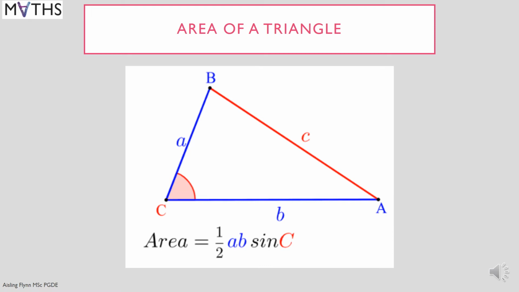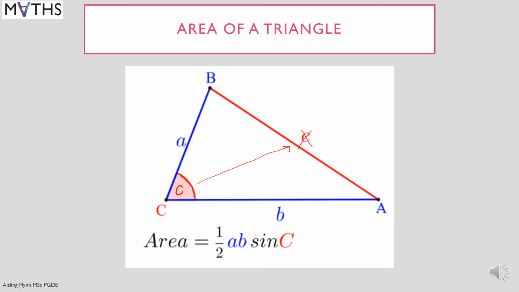So you saw with the sine rule and the cosine rule that the labeling of your triangle is important so that you put the right figures in the right place, and the same is here. So for the area formula, the angle in question is called angle C. And as always, the side opposite that is little c, and we're not using this in this calculation for area.